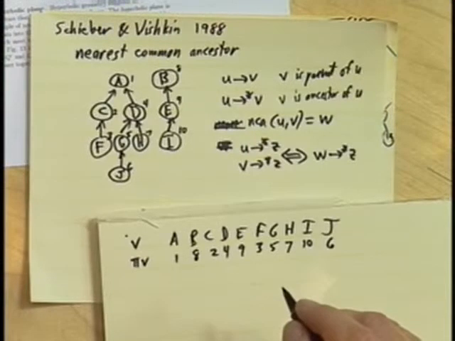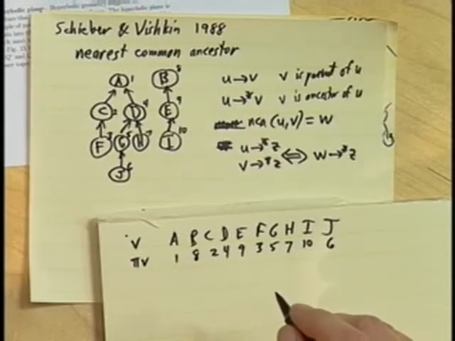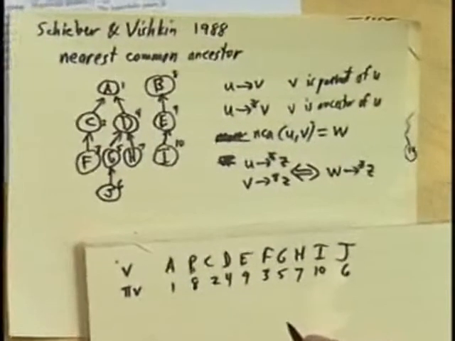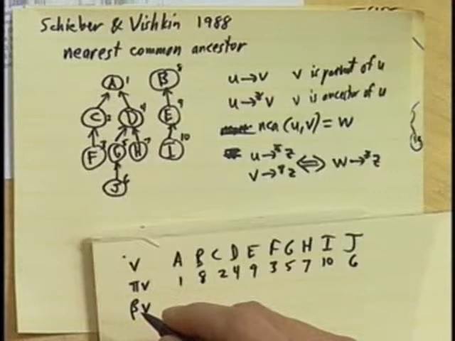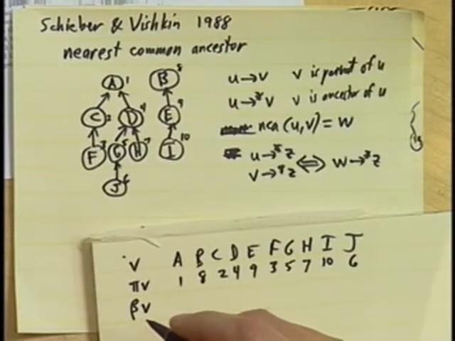And the next thing, I have something called beta of V, which is really the tricky part.